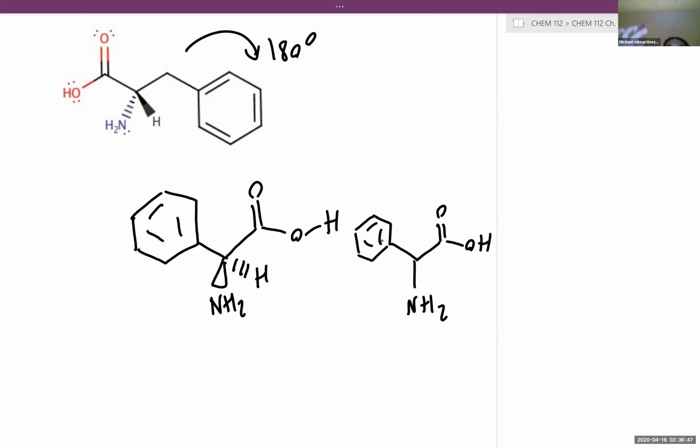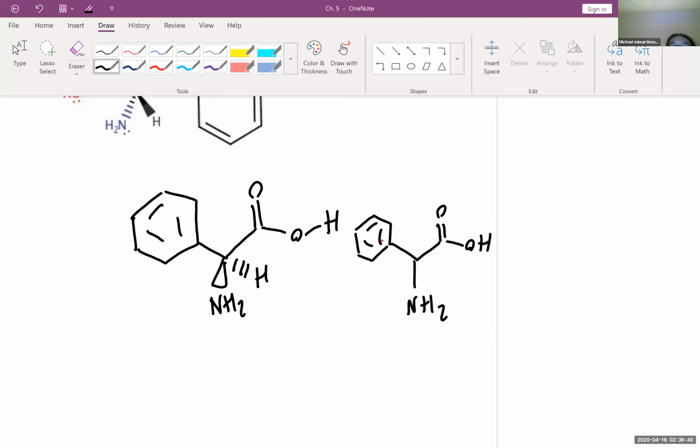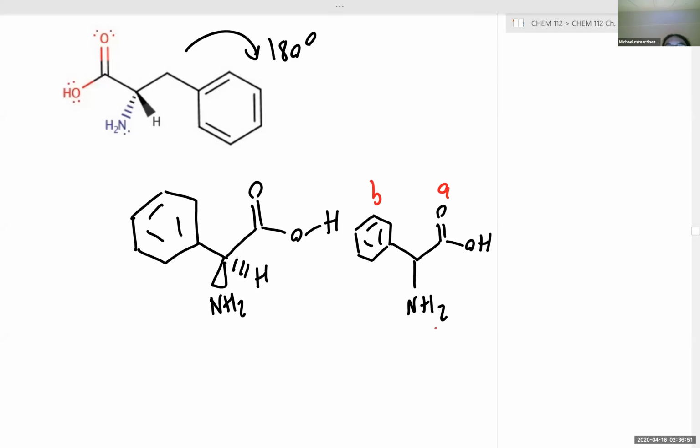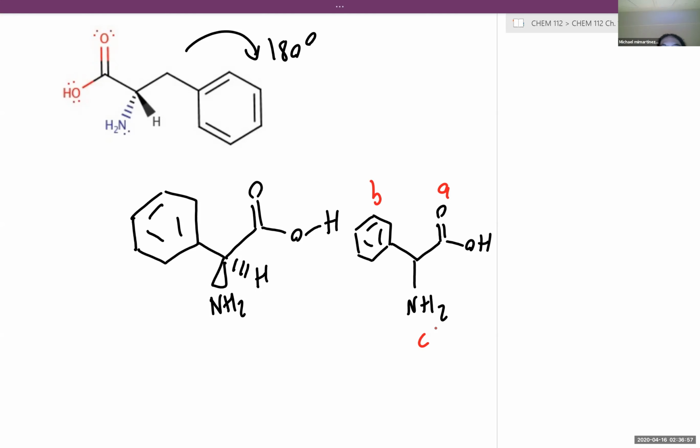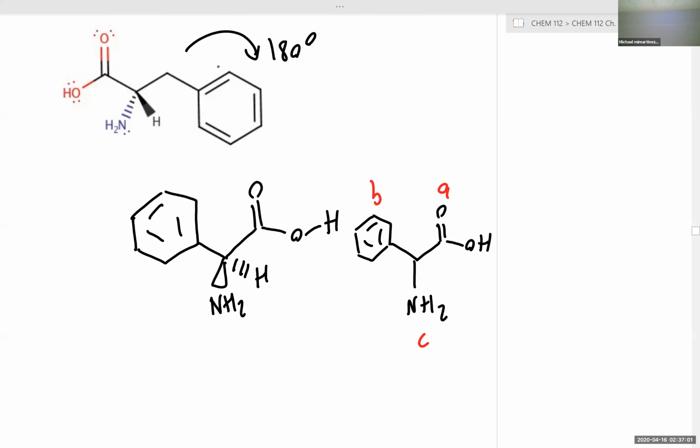So if we assign priority numbers, A, B, C, which group, which functionality gets the highest priority, A, B, or C? Which one gets the priority number 1?